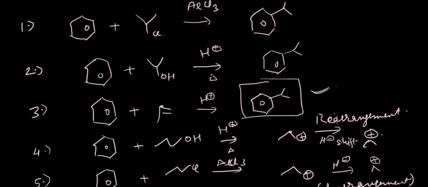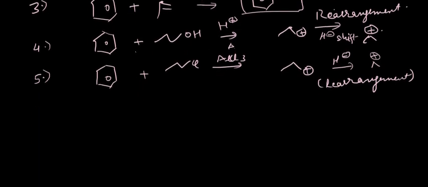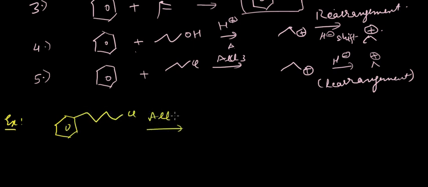Okay, so let us now talk about this example. Let's continue our series of examples. So we have something like this, in presence of AlCl3. What would be the compound formed? We would get something like, first we will get a carbocation formed here.